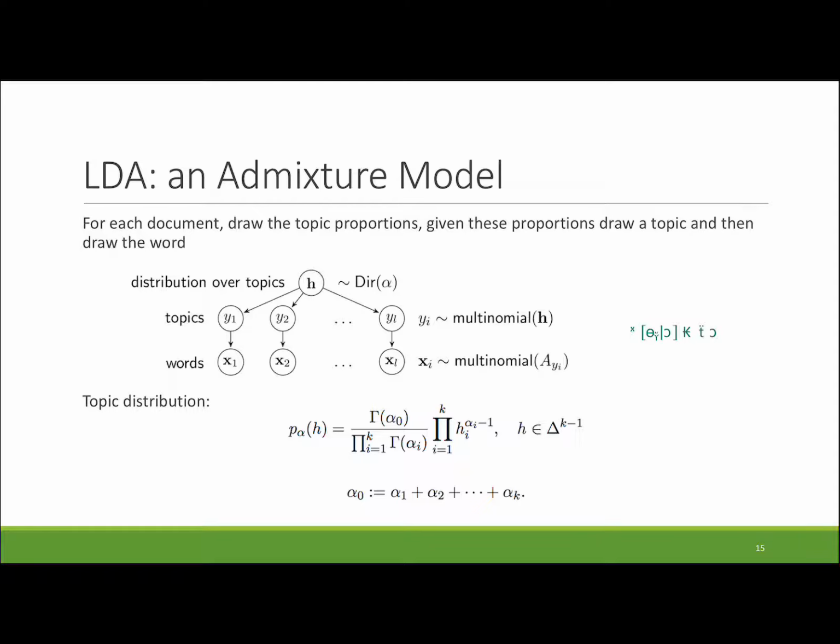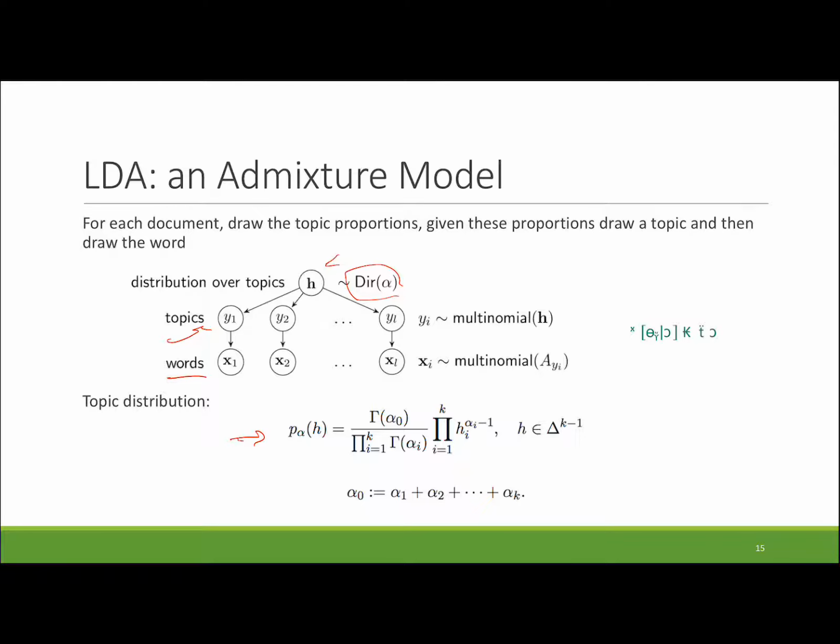So in terms of the graphical model representation, you will have the topics drawn from the Dirichlet distribution. Each draw of the Dirichlet distribution is a probability vector, right? That sums to 1. It's on the simplex. And therefore, for generating a document under LDA, you can draw a Dirichlet proportion, and for each word, you first draw the topic given the multinomial under that Dirichlet, and then you draw the words given the multinomial of that topic, right?